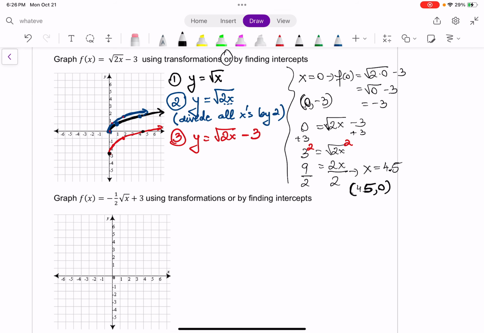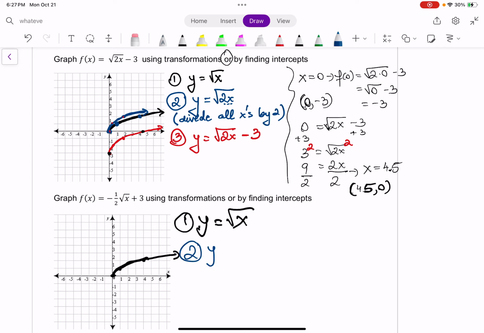Again, with the transformations, we get the bigger picture. So here it is. Start with the square root function, 0, 0, 1, 1, 4, 2. Hold on to a few points because that's how we graph using transformations. We just hold on to different points.